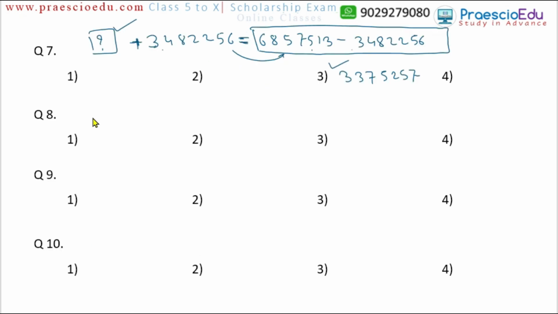Okay, so for this subtraction, please practice the same as our methods. Okay, question number 8, which number should be subtracted from the number? Okay, so here there is one box, some number, which is subtracted from the number 1,24,578. That is 1,24,578 minus that unknown number.